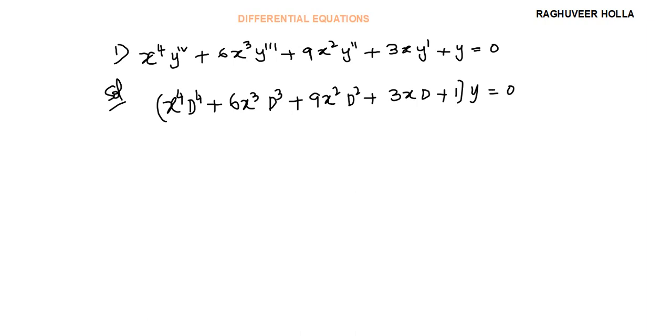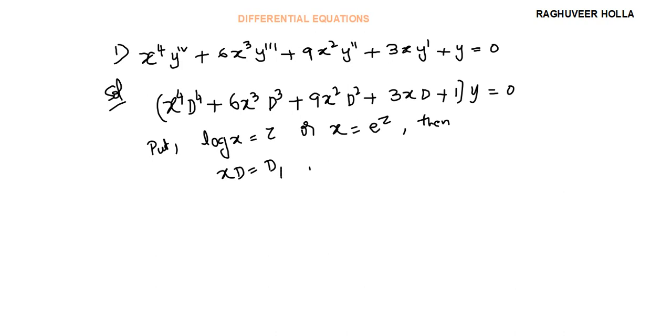So the above given equation can be written in this form, and let us put log of x equal to z. Or we can write x is equal to e to the power of z. Then we get x d as d1.